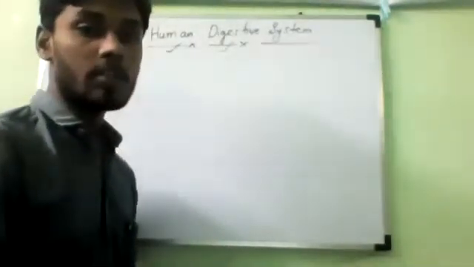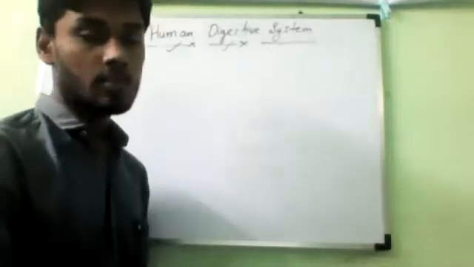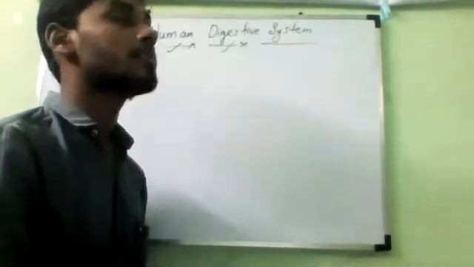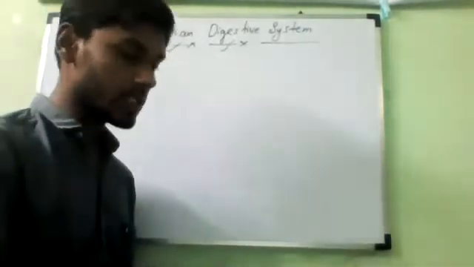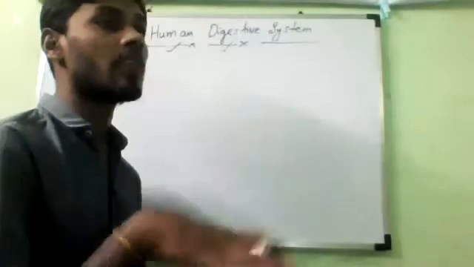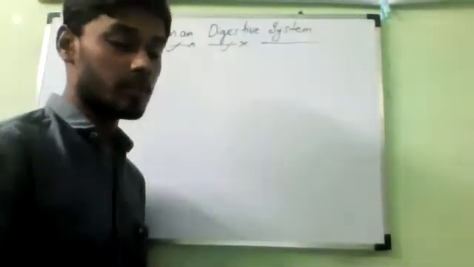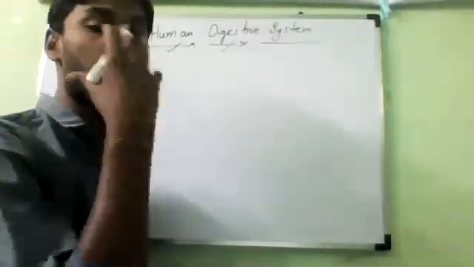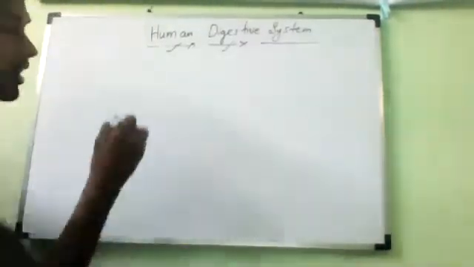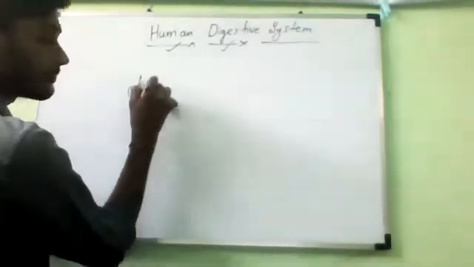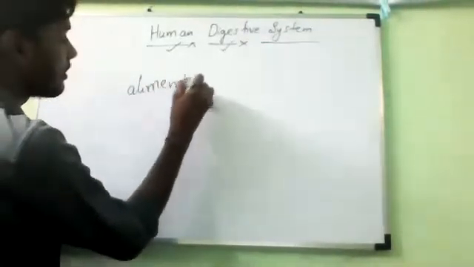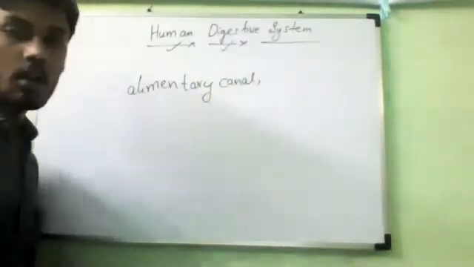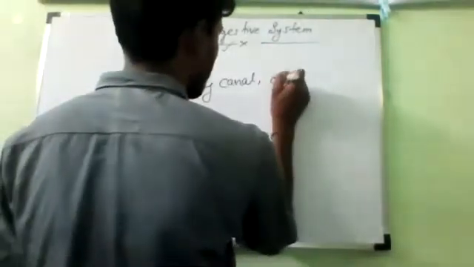The human digestive system consists of the alimentary canal and its associated glands. That means the glands which are involved in digestion, as well as the tube-like structure from mouth to anus, which is the alimentary canal.